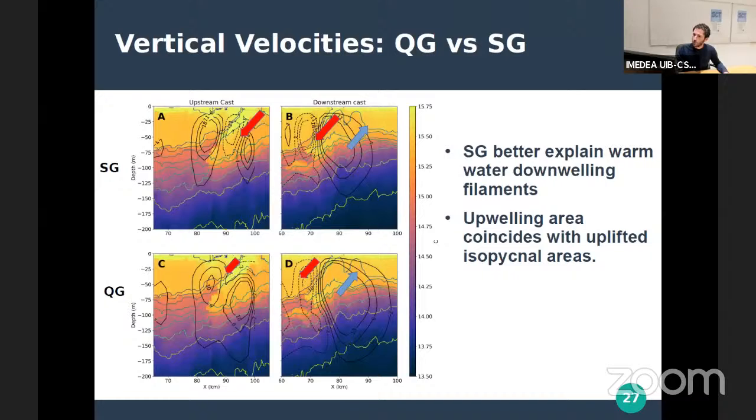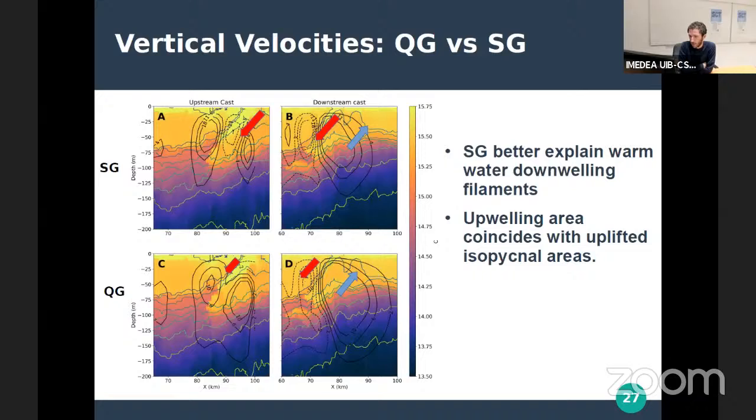And so we have two transects where we actually observed downwelling in temperature, with a warm water filament getting downwelled. We have been seeing this in the raw UCTD data. The top panel represents the temperature, and the black contour represents the vertical velocity.